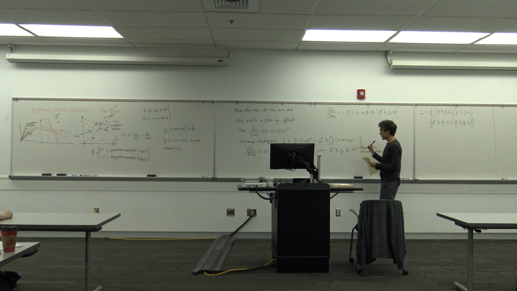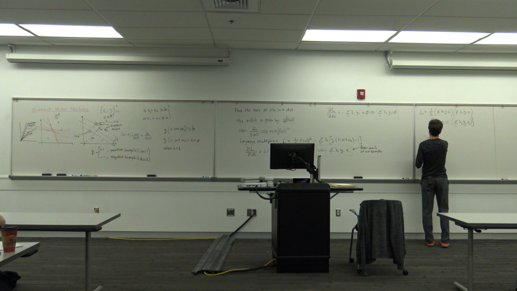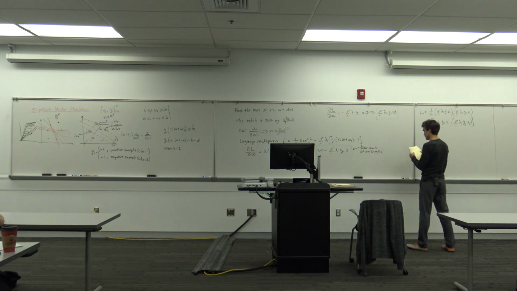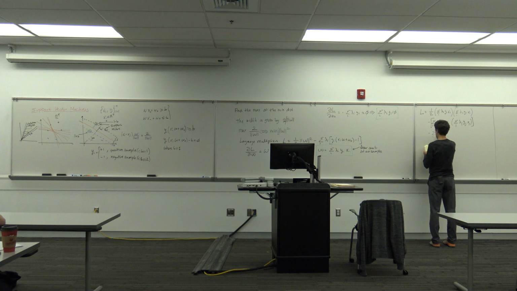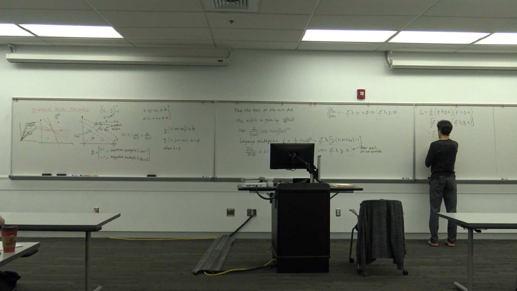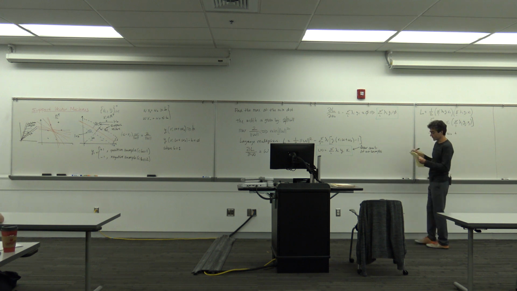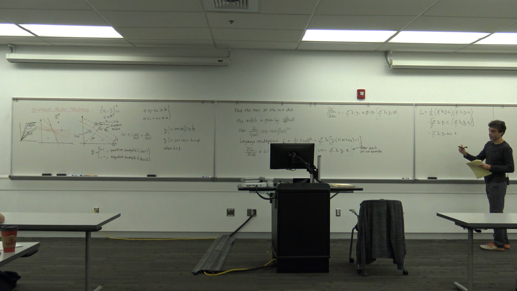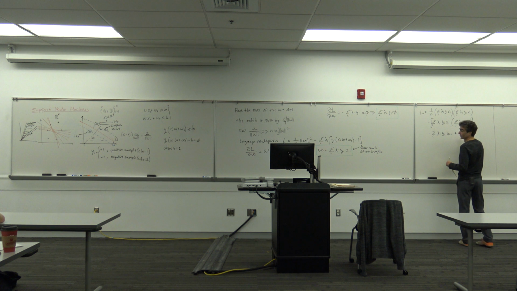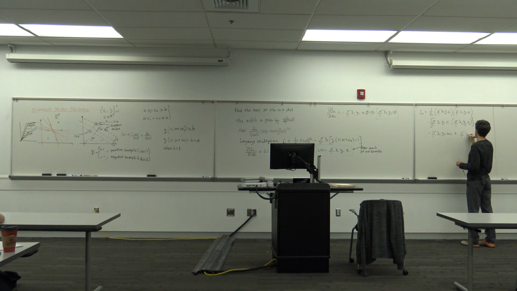And now I'm missing two more. This was for W. Now for W0, I have the sum of lambda i yi W0, and the last one would be just plus 1. I have negative and negative, so it's plus 1 of the sum of all my lambdas.